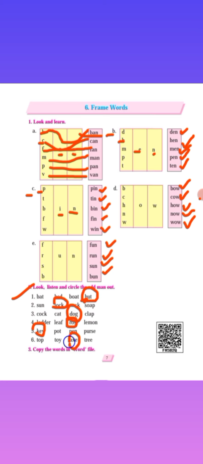Okay, we learned the words from vowels A, E, I, O, U. You have to keep in mind that there are five vowels in the English alphabet, that are A, E, I, O and U. And you have to keep the sounds in your mind.